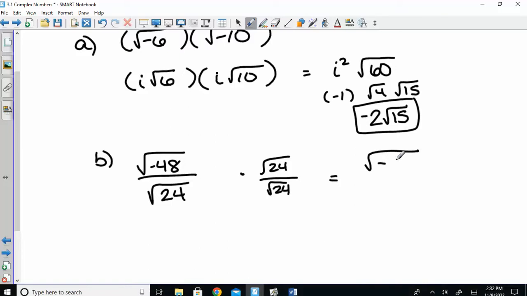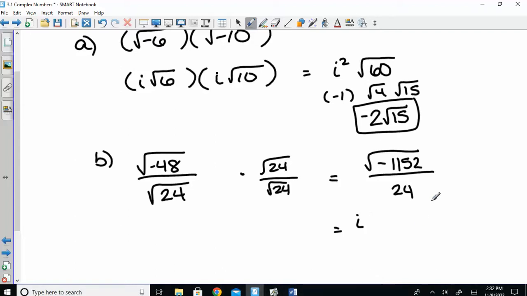Alright, so now what do I have to do? Take out the i. And then you have to split it up with the denominator.